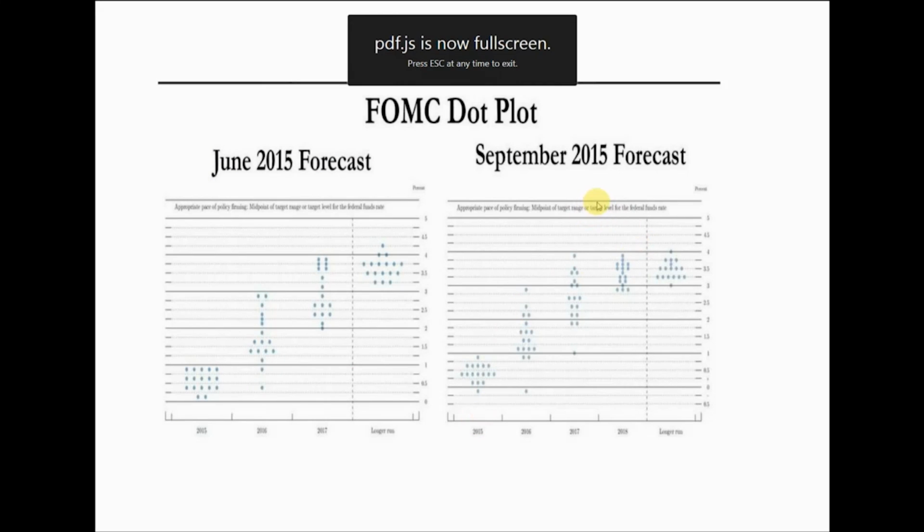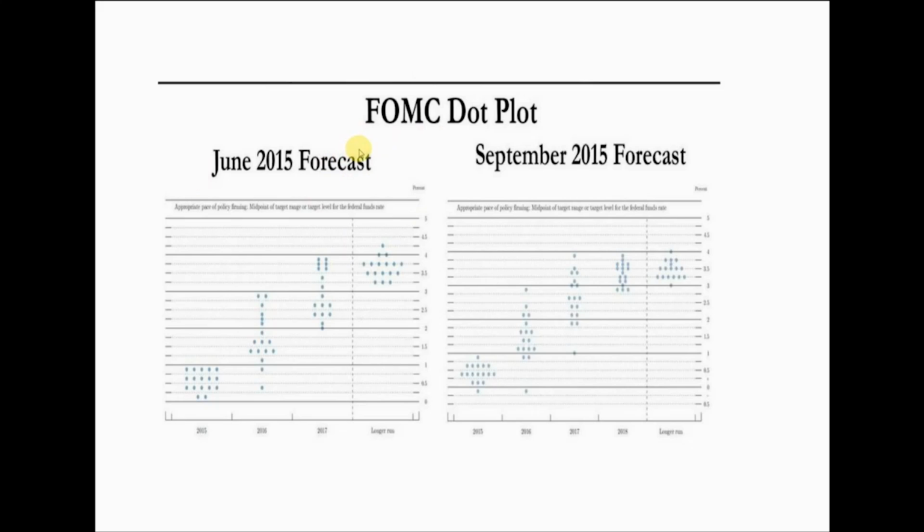Okay, so if we look at the dot plot, and we'll look at this in the context of going on to market pricing. If we look at the June 15 dot plot versus the September dot plot, what we saw in September was dots downgraded, and we're still expecting the rate hike from the Fed. Most members still saw it there.